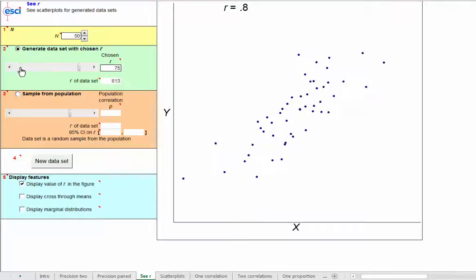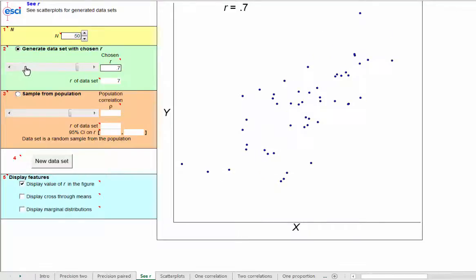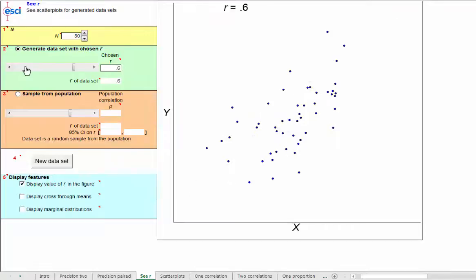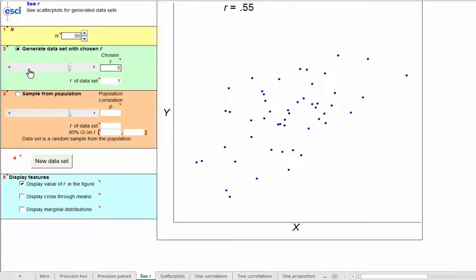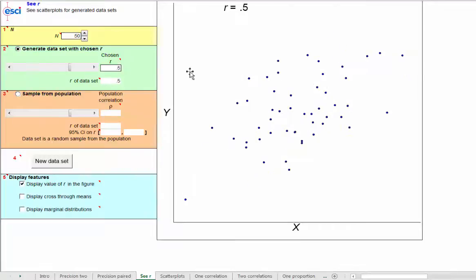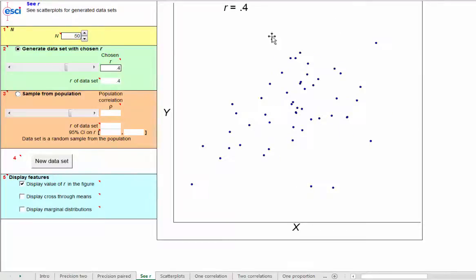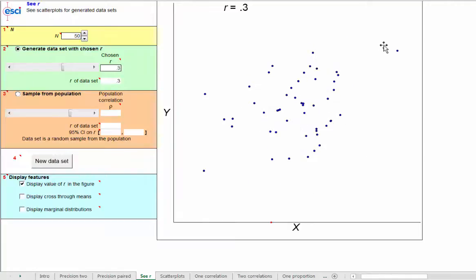You see the picture. 0.7, 0.6, it's less clear. Well, it's a pretty positive correlation there, isn't it? 0.5, again, we can see a positive relationship.